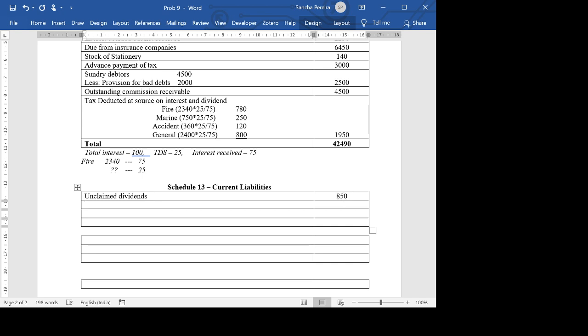Then we have due to reinsurance companies, which is 3450.